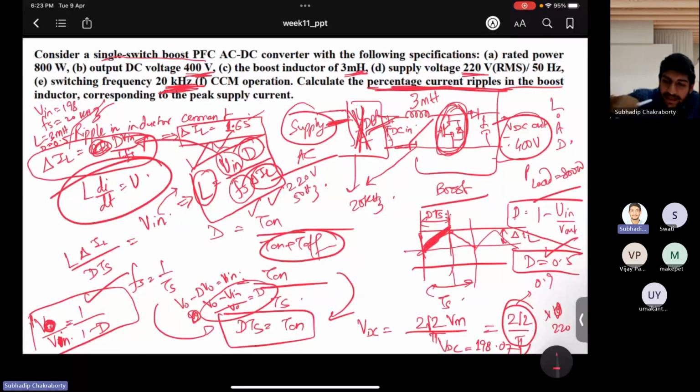IL average is nothing but the input current average, which is responsible for the active power transfer, because this inductor is carrying the input current. And its DC part should match with the active power transferred, right? So what is the active power transferred? It is 800 watts divided by 198. So calculate what is IL average.